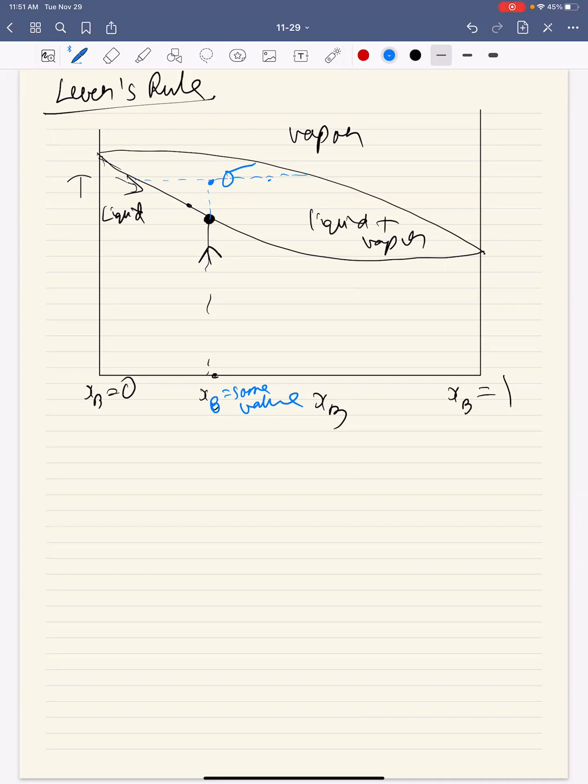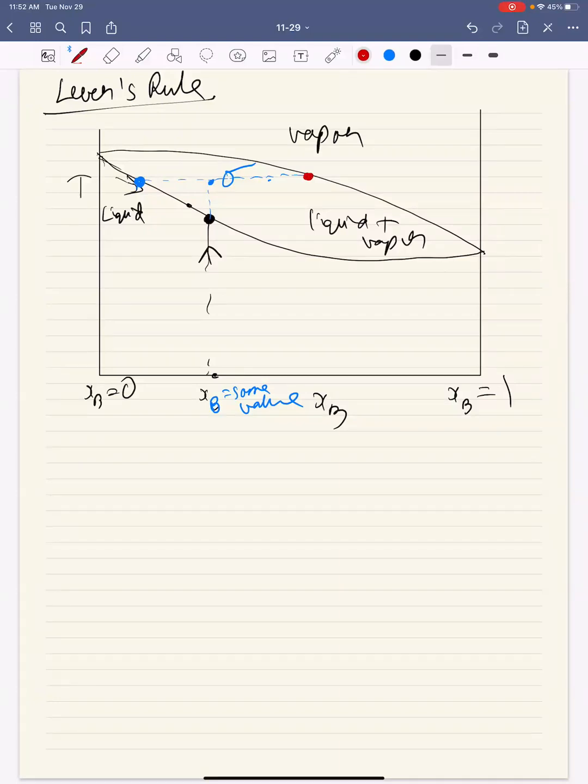So what is the concentration of the liquid that forms? How did we get this boundary? We got this boundary through the common tangent rule, right? So the concentration of the liquid is this point where you touch the curve corresponding to the liquid. The concentration of the vapor is this point where you touch the vapor line.